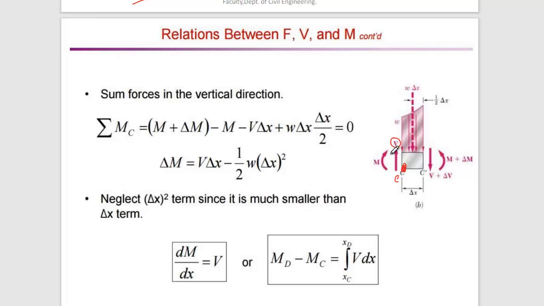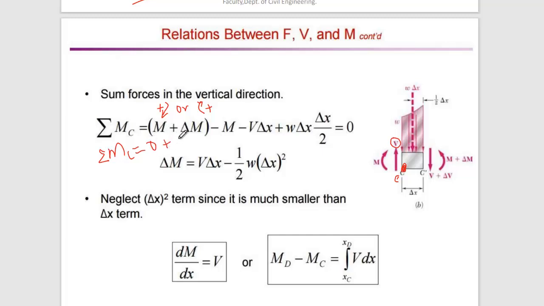Clockwise plus we consider, but here they consider anti-clockwise as plus. It's up to you. While you take the summation of moment about C, if you consider clockwise as plus, all the clockwise moments you will write plus, or if you consider anti-clockwise as plus, it's up to you. This is only for summation of moment.